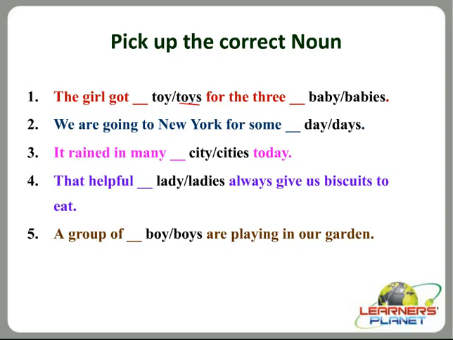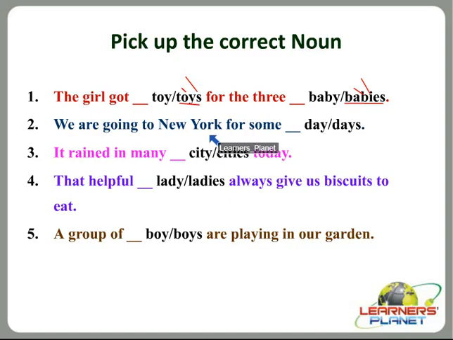Also students, because before Y there is a vowel, we will add S. Now, for the 3 baby or babies, 3 means more than one, plural, so we will pick up babies. Y changes to IES because B is a consonant sound. Babies.